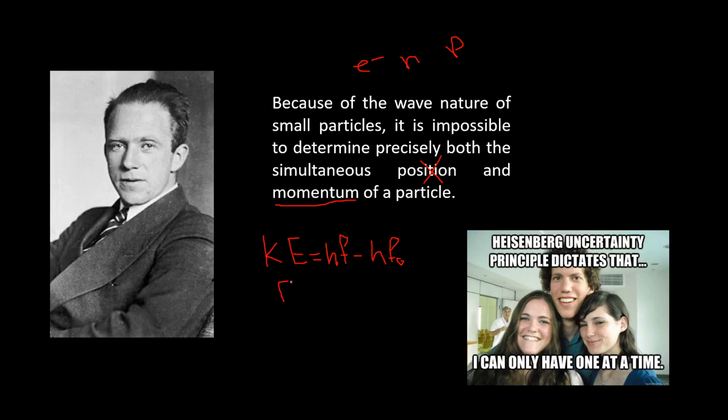The momentum of a photon equals Planck's constant over wavelength, and de Broglie's wavelength, which is the wavelength of small particles of matter, equals Planck's constant over momentum, which equals mass times velocity. That's all.